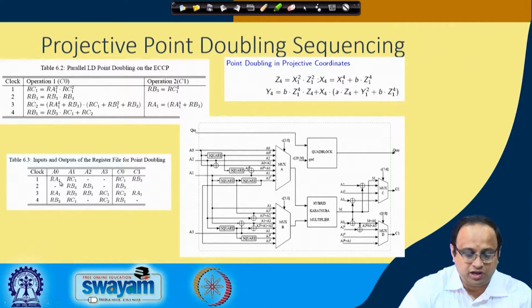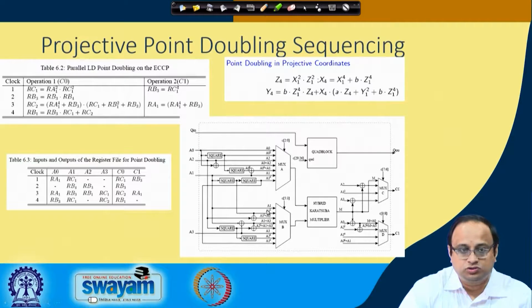RA1 stores the coordinate x1 and RC1 stores the coordinate z1. So when you want to multiply RA1 square into RC1 square, the multiplier should receive through this multiplexer the inputs A0 square and A1 square.